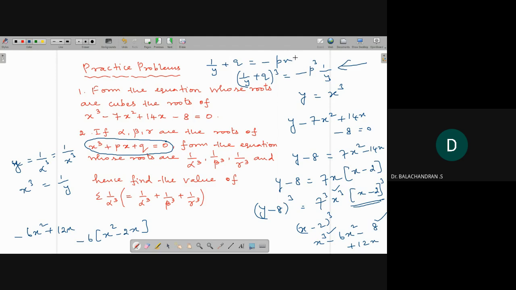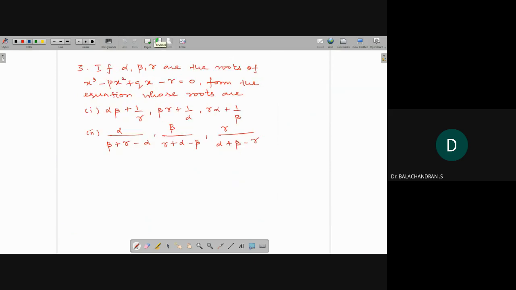I need x cube, that's why take cube on both sides. 1 by y plus q whole cube equal to minus p cube. X cube is 1 by y. I think you know how to proceed from here onwards, so I leave it to you. Once you find the equation, you need S1. Using S1, you need to find this value.